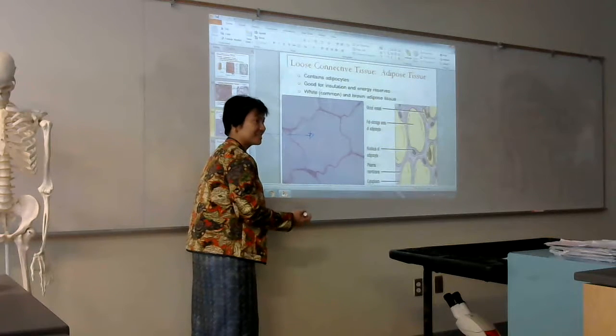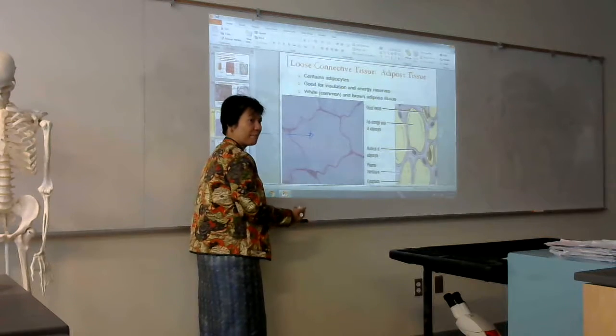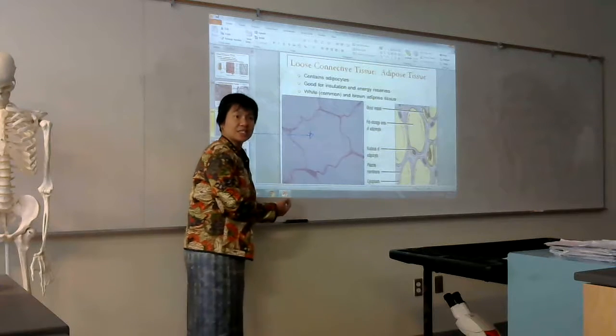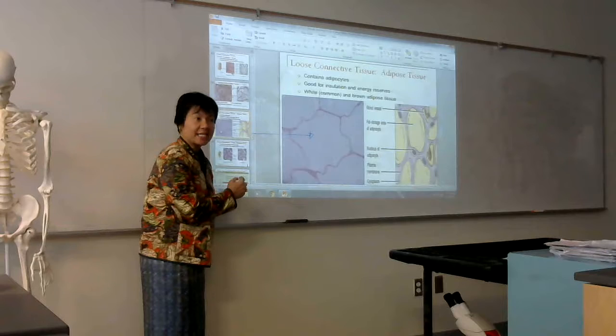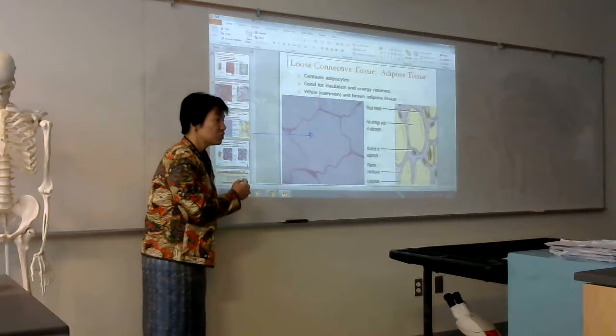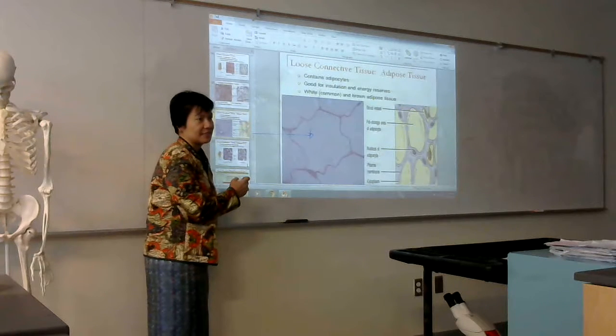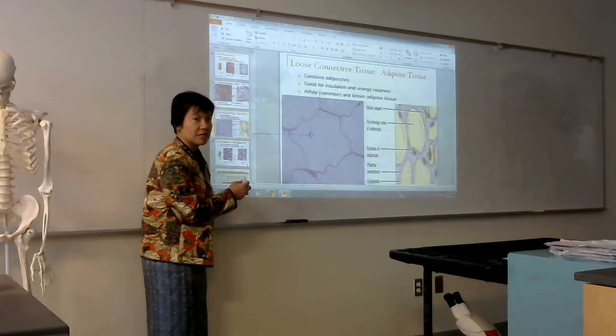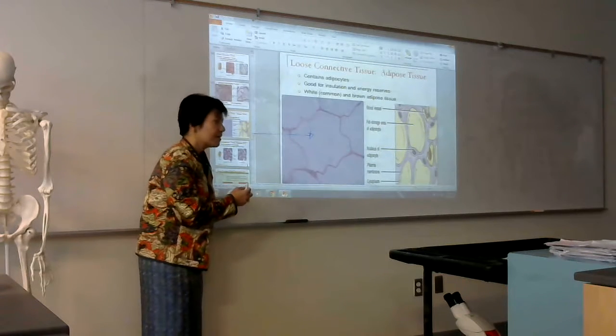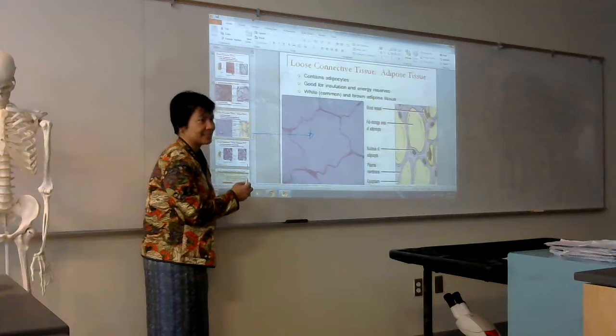It's fat. It's a fat droplet. So what organelle do you think this would be contained in? Inclusion bodies. What's the basic building block of this one? Lipids. Fatty acids. Okay?